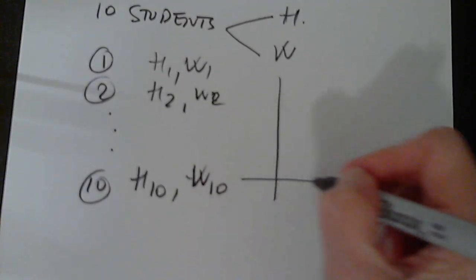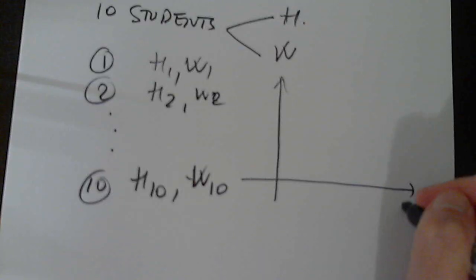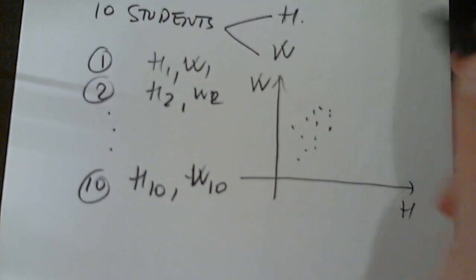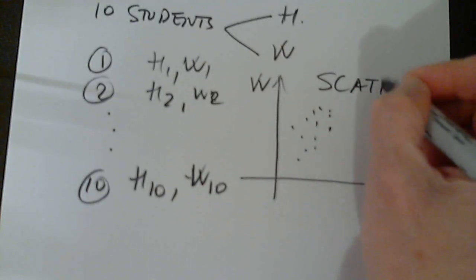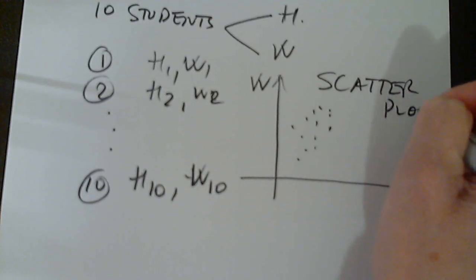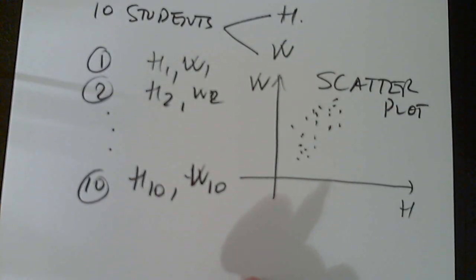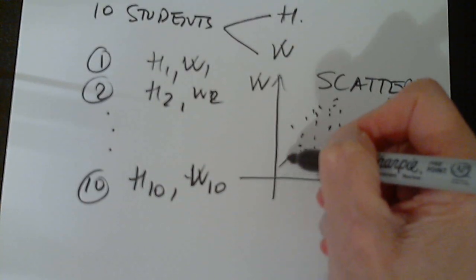All these are ordered pairs. So when I plot these ordered pairs, so here's the height and here's the weight, let's say the cloud called scatter plot looks like this. These are my points. It kind of looks linear.